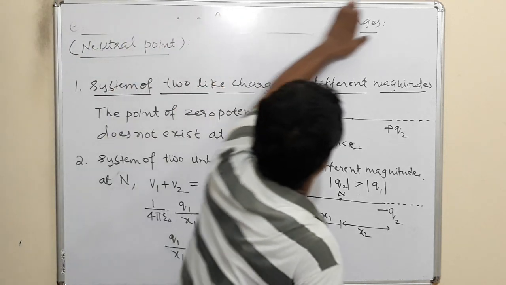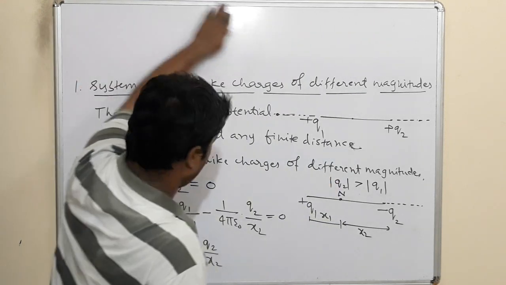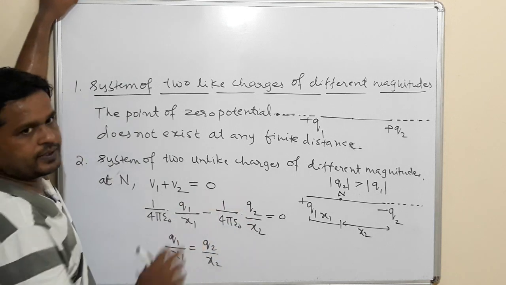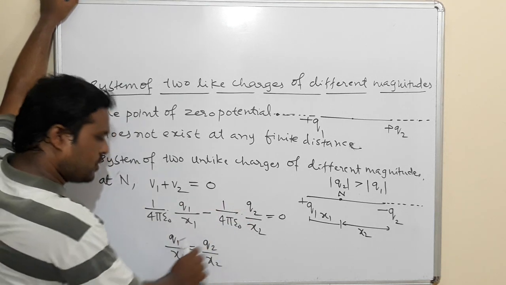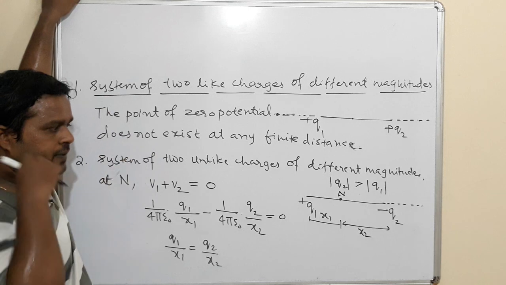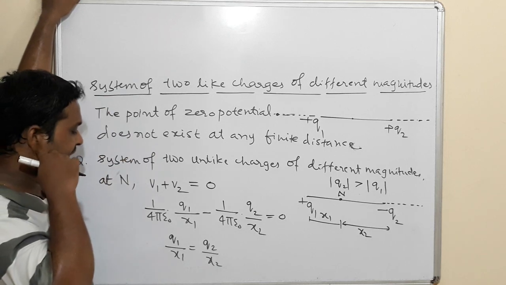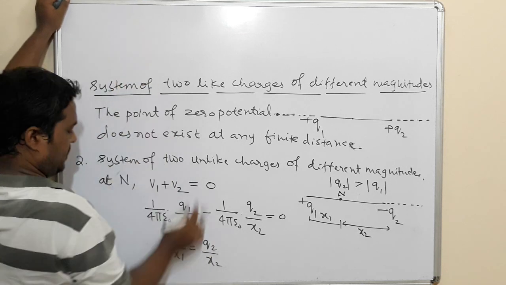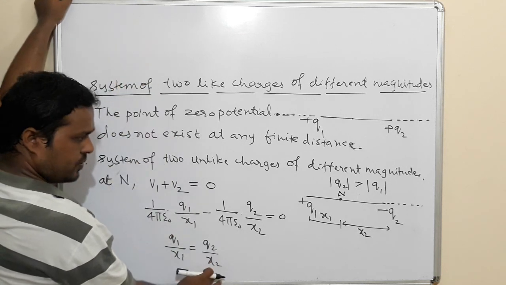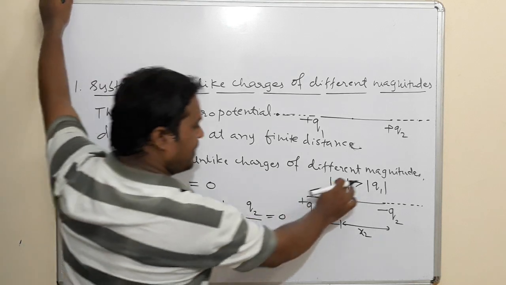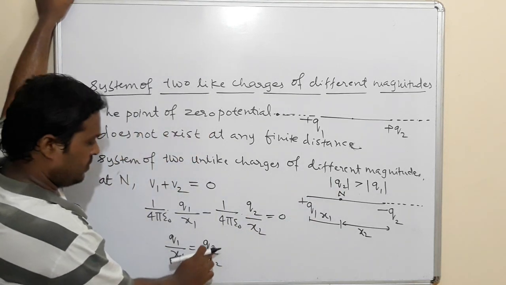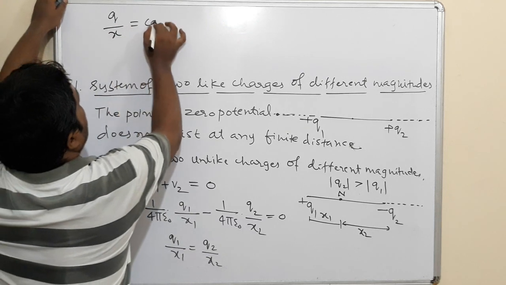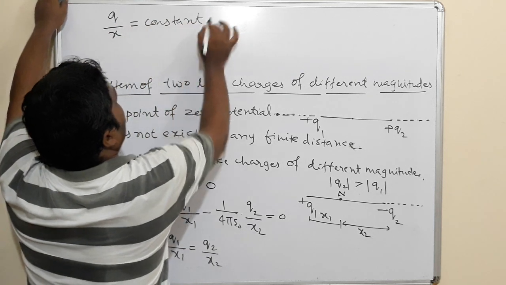What it shows is, Q1 by x1 is equal to Q2 by x2, which means Q by x is constant. Q by x is constant means Q is directly proportional to x. I told you that Q2 is more. This shows that the Q by x quantity remains constant.